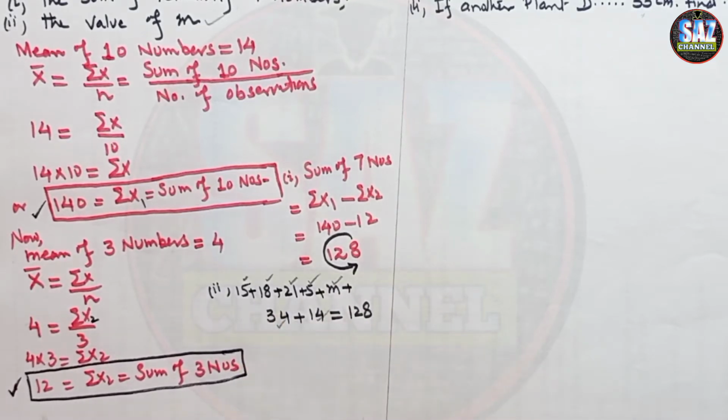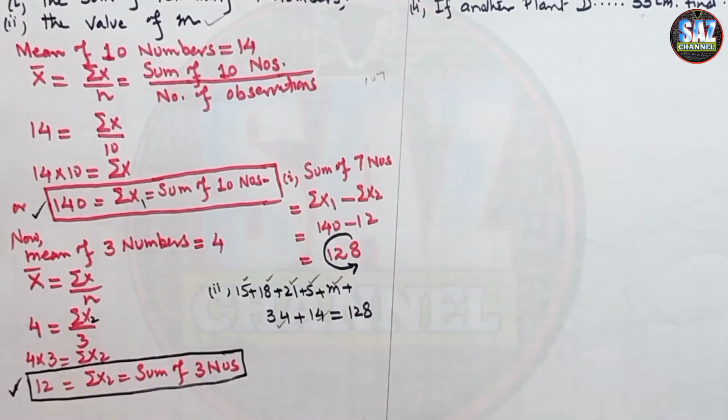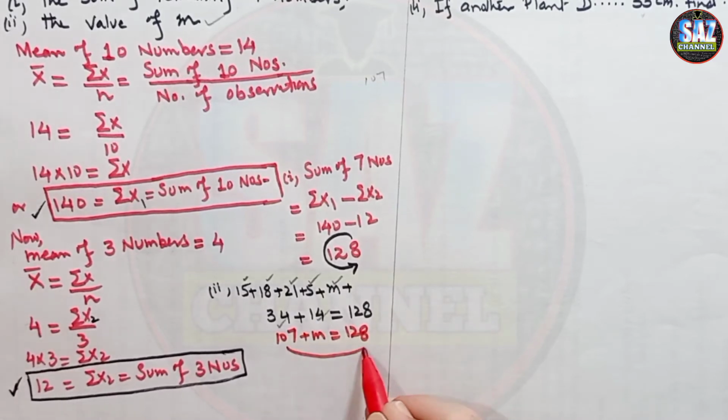Now add up the numbers. 21 plus 5 is 26, plus 15, plus 18, plus 34, plus 14 gives 107. So 107 plus m equals 128. Now we have to shift this 107 to the other side.